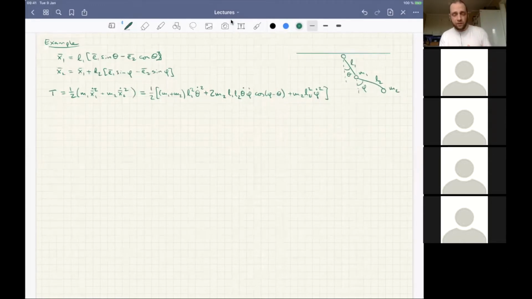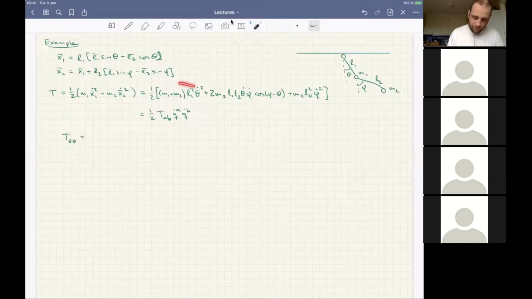Now, this is exactly on the form that we discussed. This is equal to 1/2 T_AB q dot A q dot B, where we can identify that T theta theta, that's just what's in front of the theta dot squared here. So that's m1 plus m2 times L1 squared. T phi phi, well, that's what's in front of the phi dot squared term.